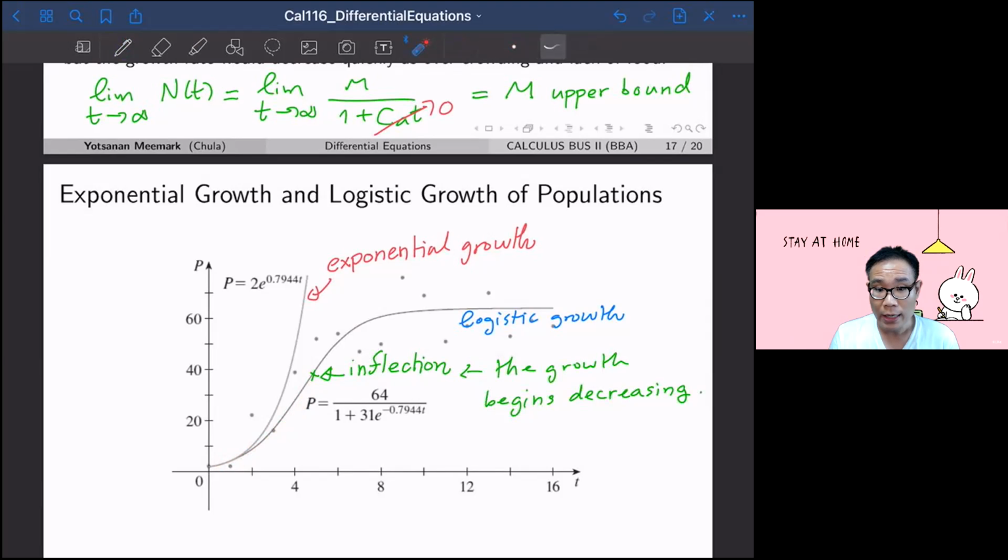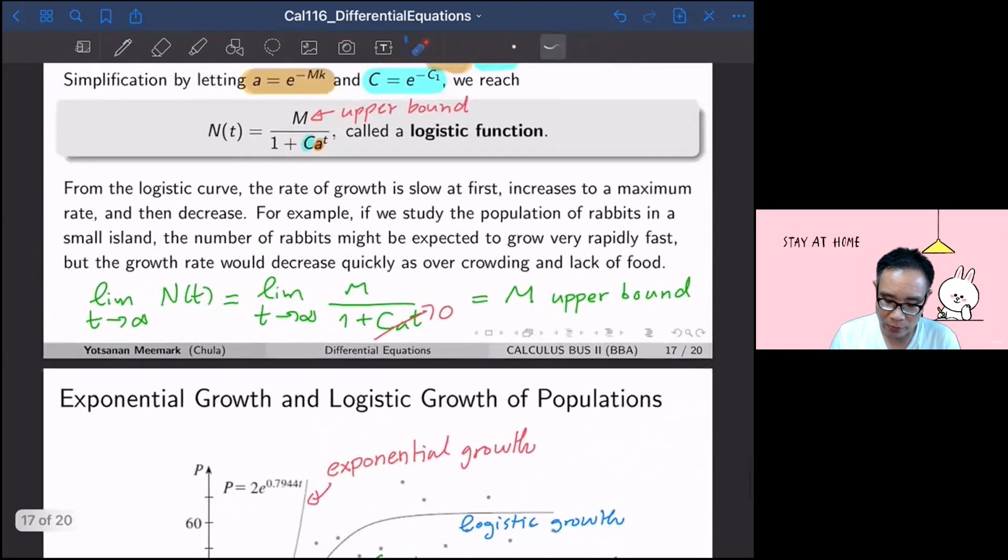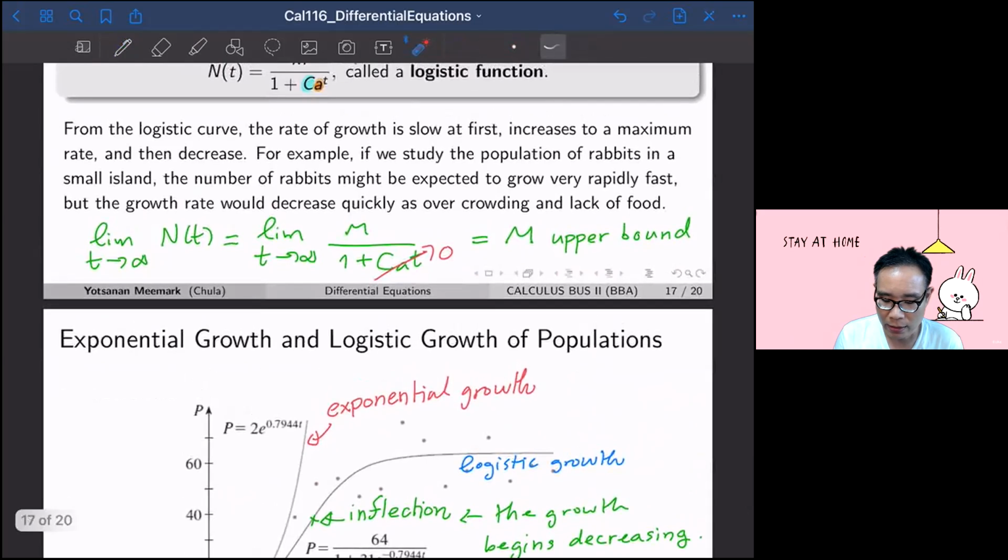The situation, for example, is like on a small island: if you study a population of rabbits on a small island, the number of rabbits might be expected to grow very fast at first, but the growth rate would decrease quickly as you have crowding of the rabbits and the food will be less.